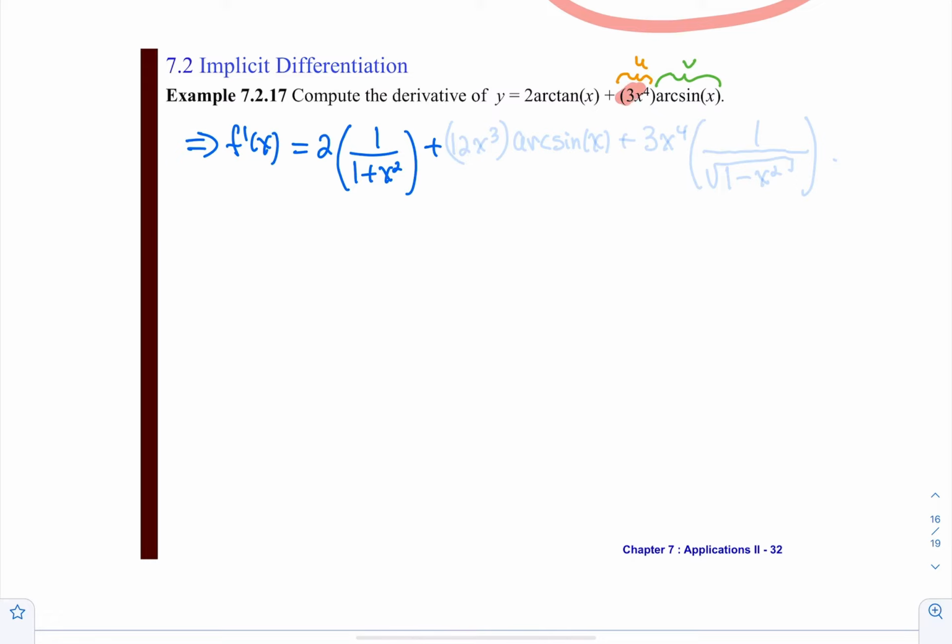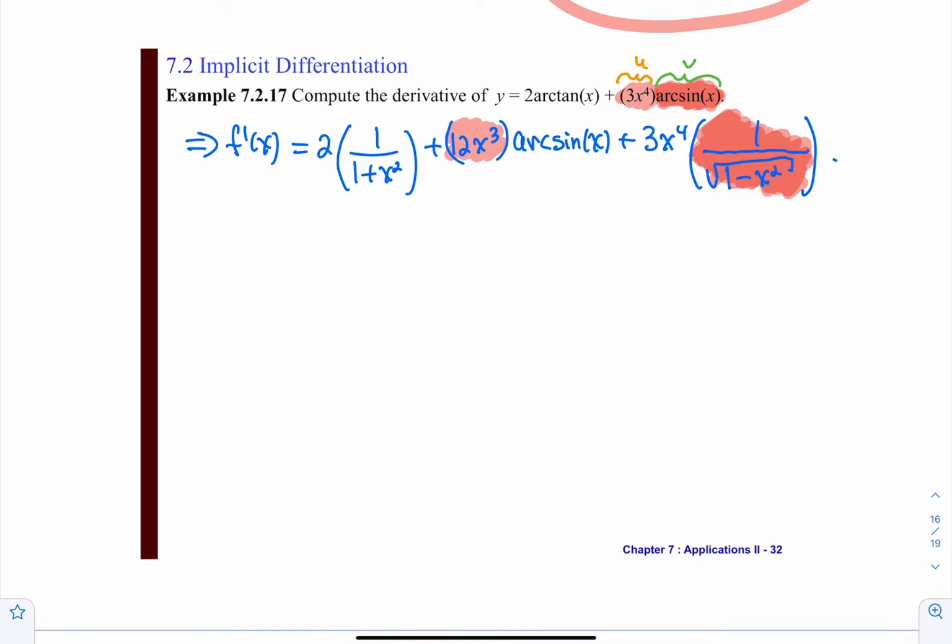The derivative of 3x^4 is 12x cubed times arc sine untouched, that's u prime v, plus u, 3x^4, times v prime, and now arc sine is replaced by 1 over the square root of 1 minus x squared. It's just like before, you just have to use those new formulas.